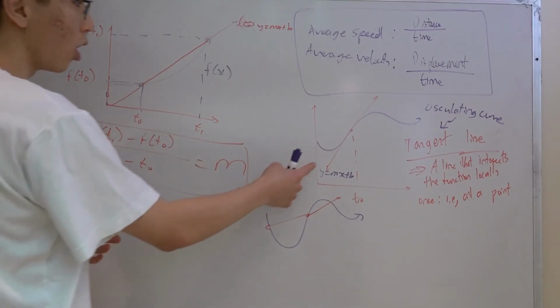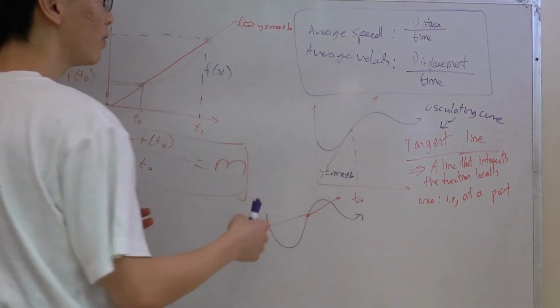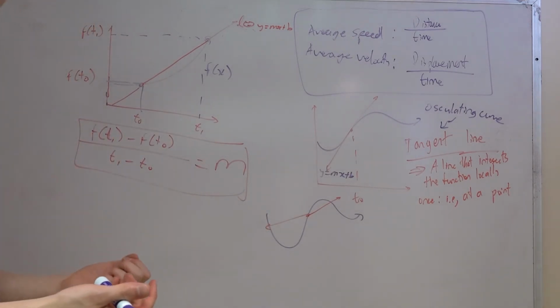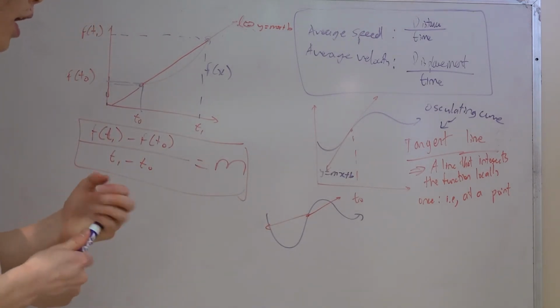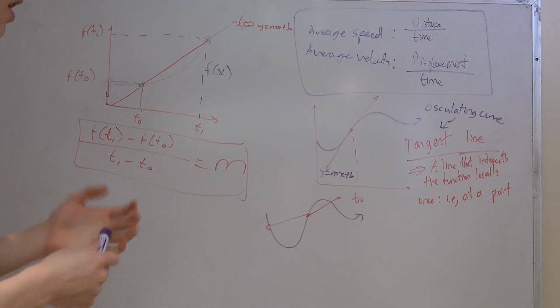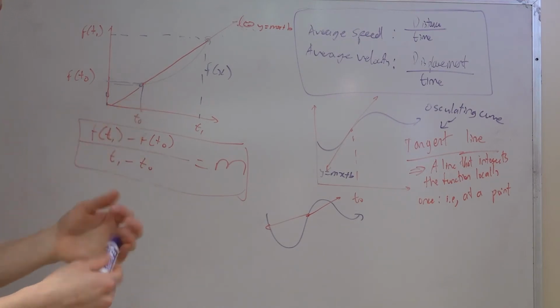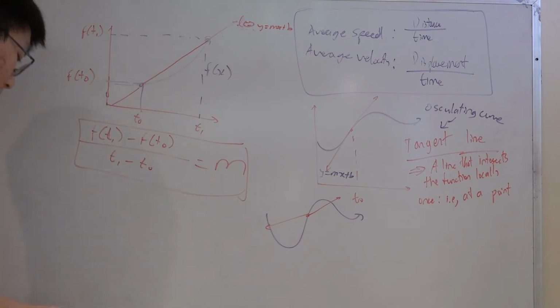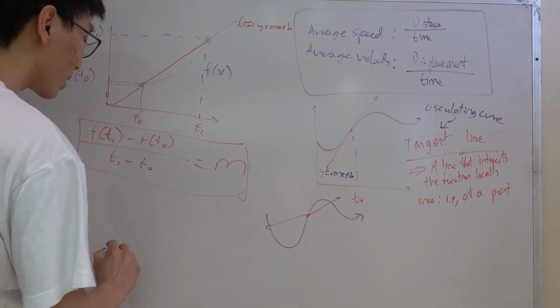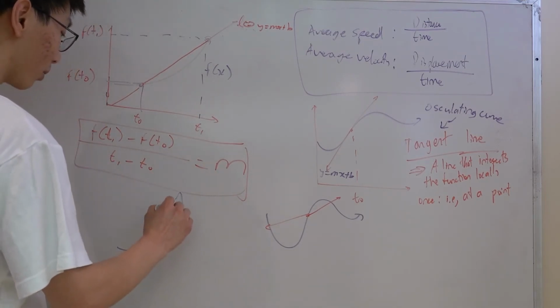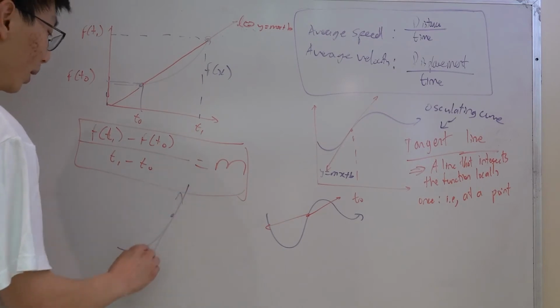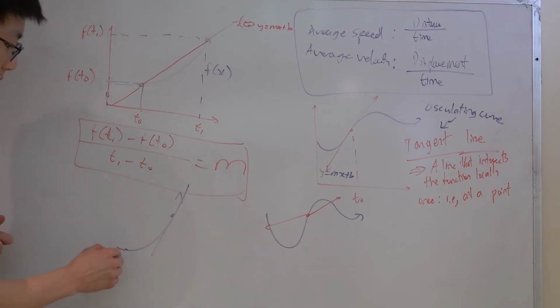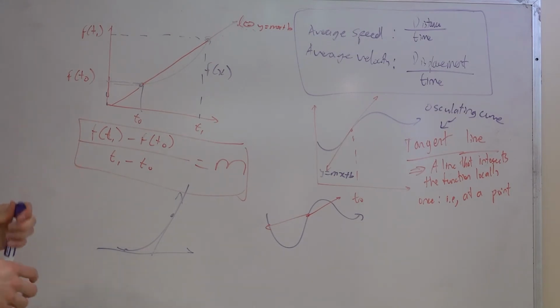But if we did have the slope of this line, that would be really helpful. And the slope of that line is actually a pretty good indicator of how fast you're moving at that moment. So the idea is, if you're moving really fast here, then the slope is steeper. If you're here and you're moving slower, the slope is closer to 0. This is exactly what we are going to be measuring.